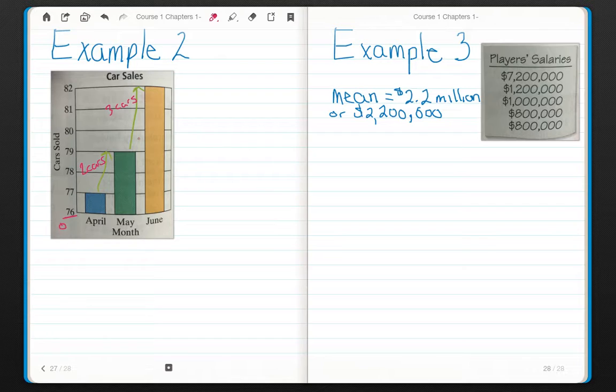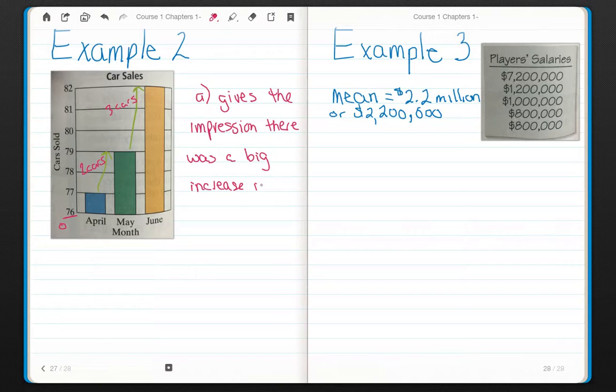3 cars out of about 80 cars really doesn't make that big of a difference. So what impression does this graph give? It looks like A, it gives the impression there was a big increase in sales.